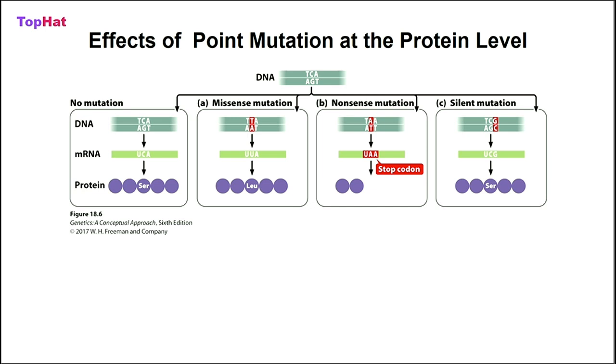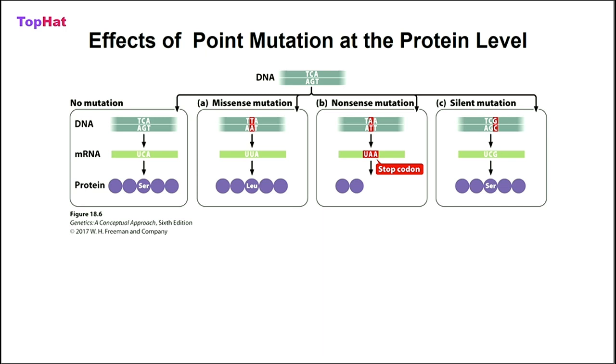If that C in the DNA changes to an A in the coding strand, that would mean our messenger RNA would then have a UAA, which codes for a stop. So that would be a change from a serine amino acid to a stop codon or a release factor, so that would be a nonsense.